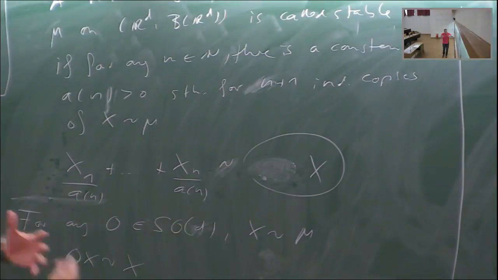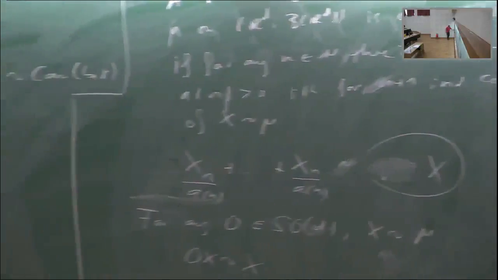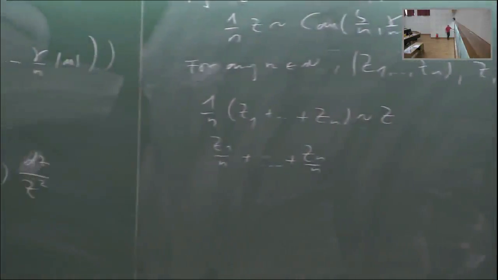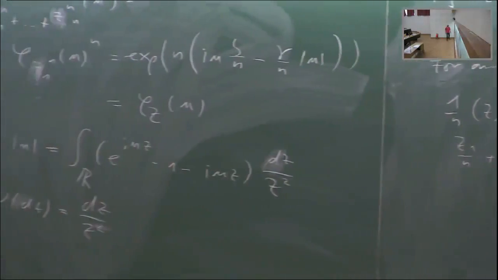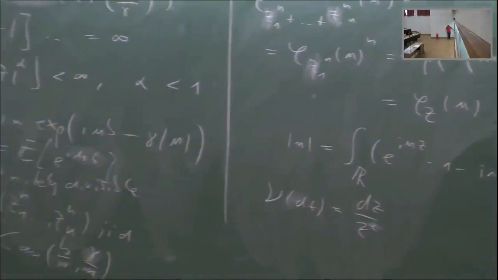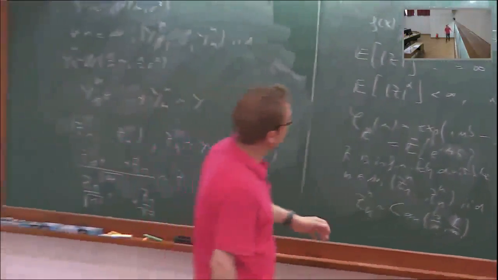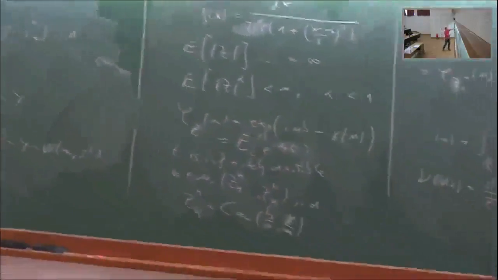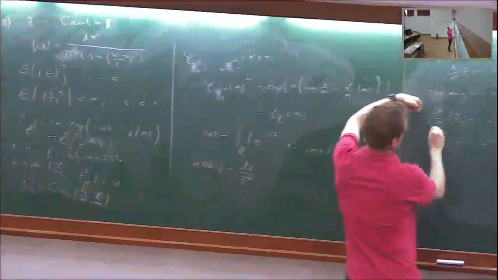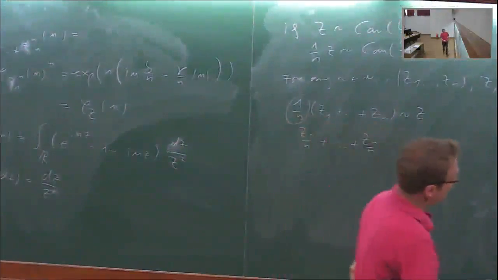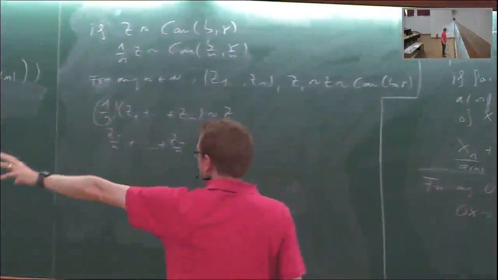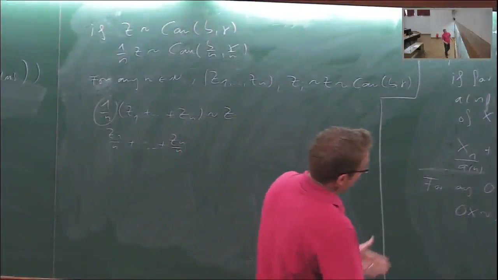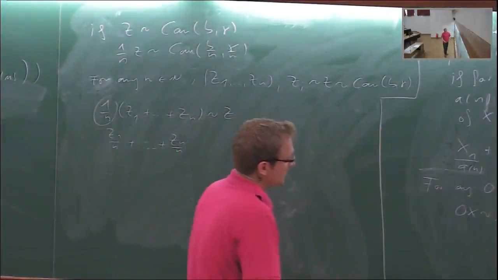So in the Gaussian case, we could sum up independent copies of these Gaussians, and we get back the original Gaussian. But the scaling here was just with the square root, and in the Cauchy case we had to scale with 1 over n. So whenever there is something like either the square root or n itself, then it's called stable.